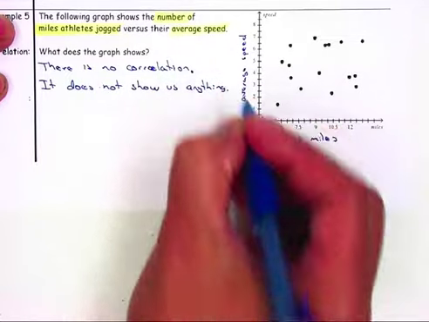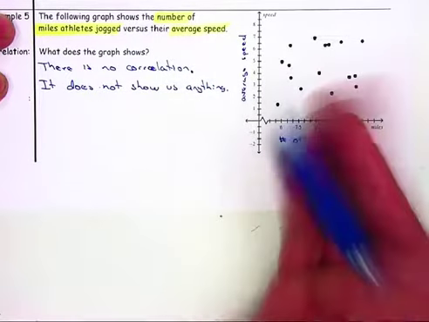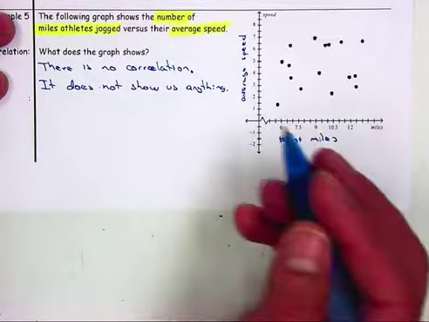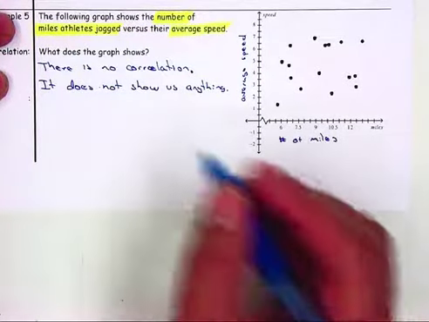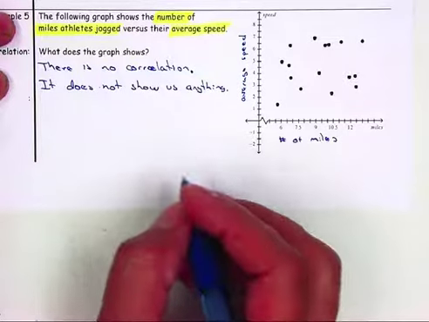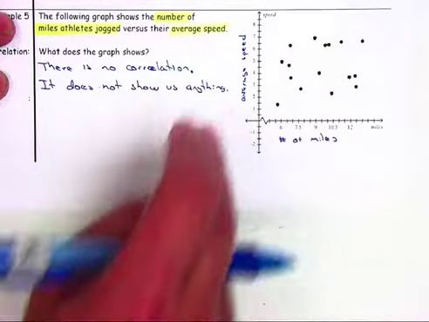And that'll be the case at times when you collect data. Sometimes the data will show you positive correlation, sometimes negative, but sometimes it doesn't show you anything. So there's nothing that correlates from one to another.